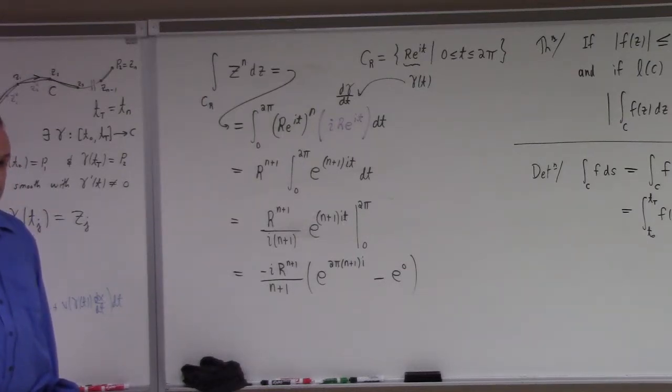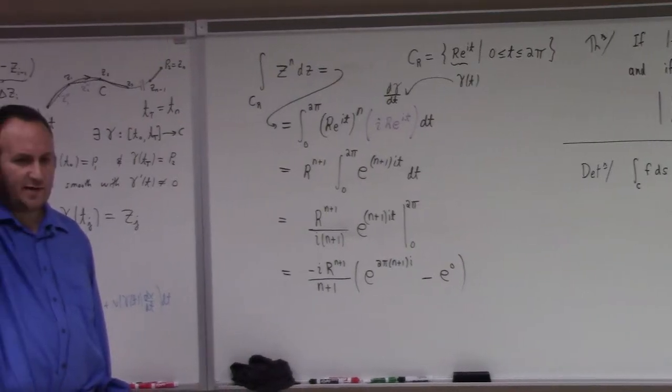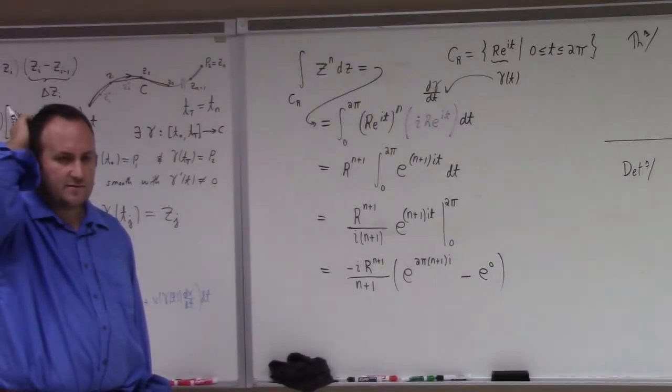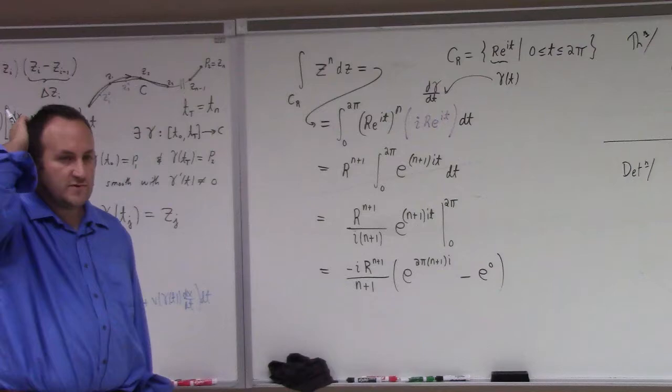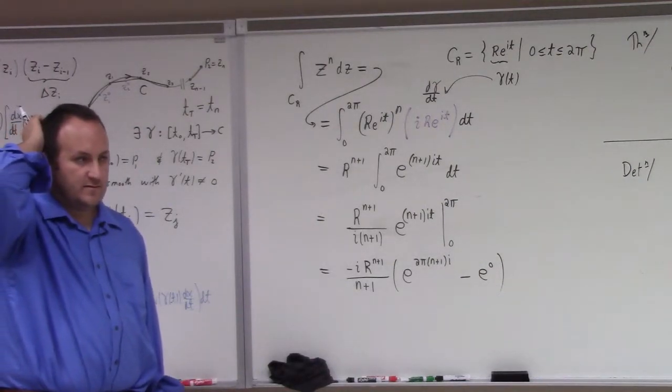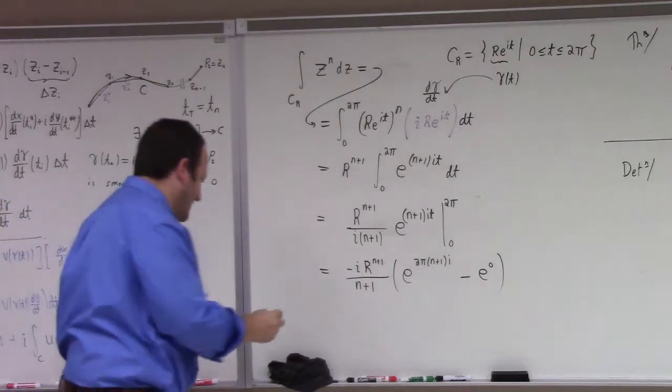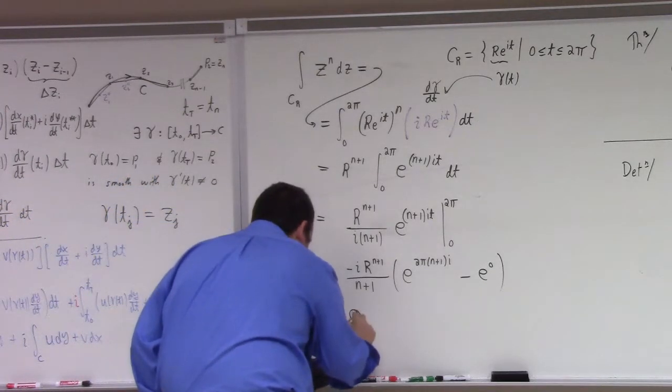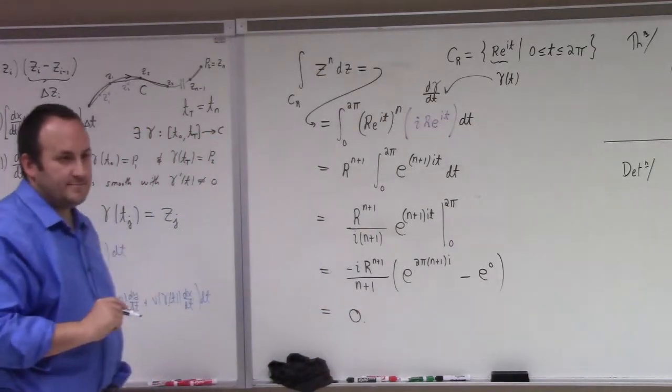Get rid of the 2 pi. Yeah, what is e to the, well, 2 pi times n plus 1 is an integer multiple of 2 pi. What's e to the integer multiple of 2 pi times i equal to? It's 1. So we have 0. Right?